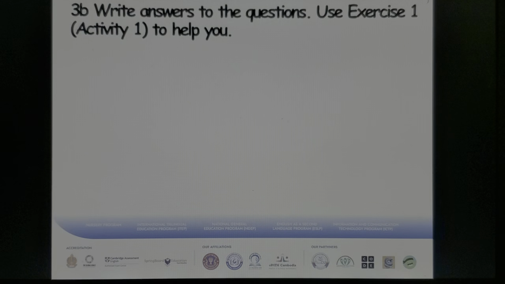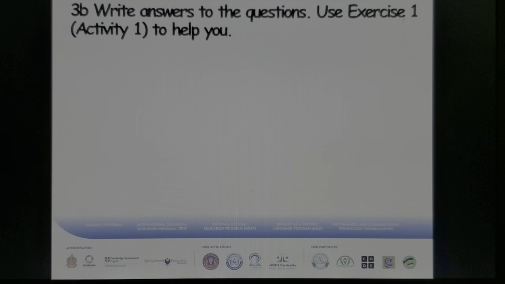And the answer you can find in activity 1, the first activity here, the interview. Find the answers here. So number 1, where does Bella go to school? Here, she goes to Watershed School. That is her school's name.